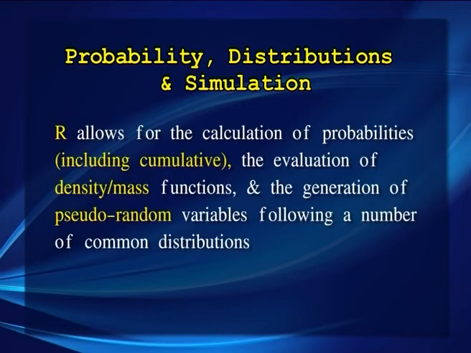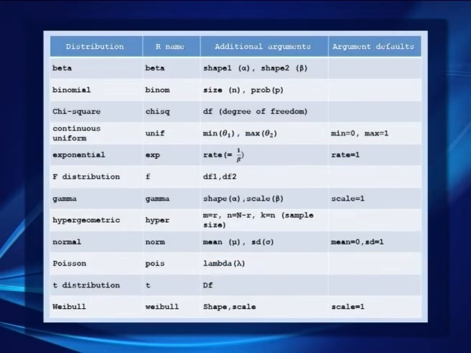R allows for the calculation of probabilities including cumulative, the evaluation of density and mass functions, and the generation of pseudo-random variables following a number of common distributions. We will specify the distribution, the R name of that distribution and the additional arguments.